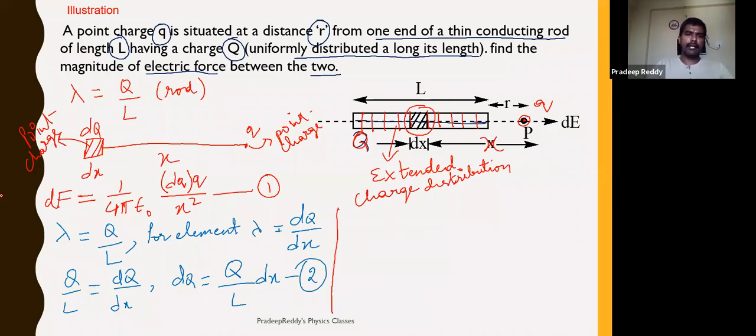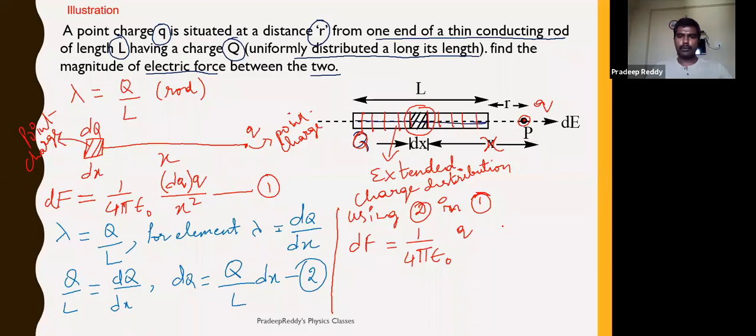Taking this dq value and substituting equation 2 in equation 1, you can write this as dF is equal to 1 by 4 pi epsilon naught into q capital Q dx divided by L into x square.